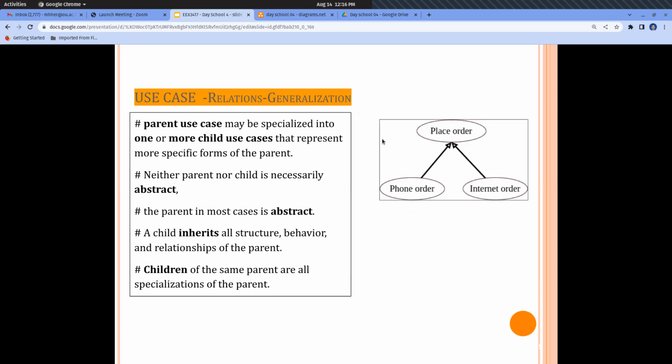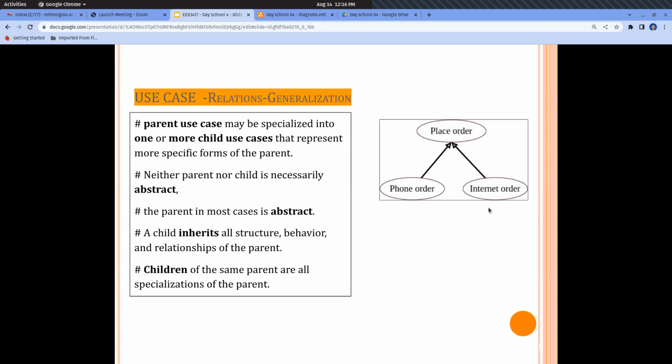Generalization. Generalization means if there are two types or more types, not only two, there may be three or more. Place order: there are two types of place orders.